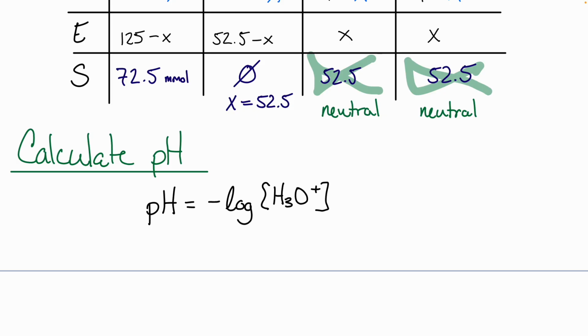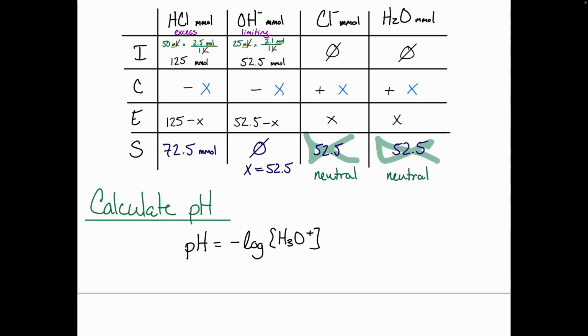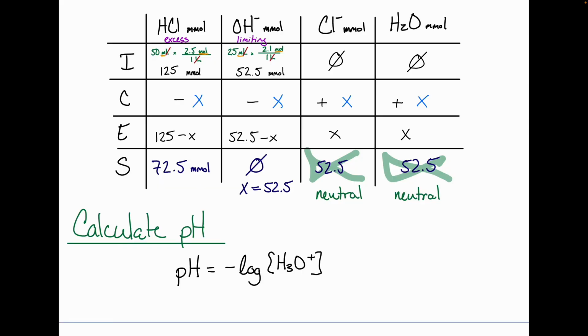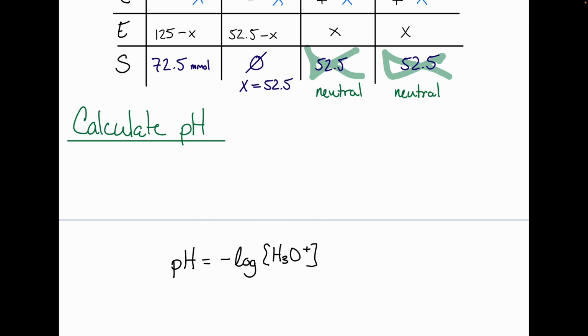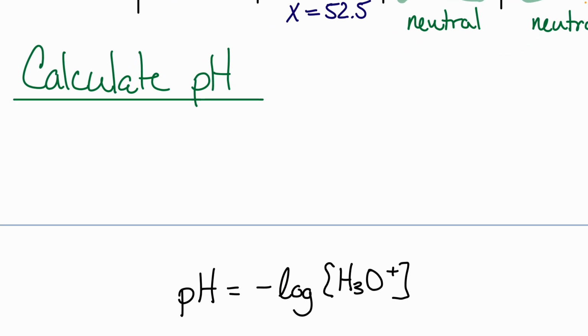But we sort of have a problem here, because when I did my ice table, is it in units of concentration? No, it's in units of millimoles now. So I've got to put it back in units of concentration here. So first, before we can even calculate our pH, step one, we've got to calculate our hydronium concentration.